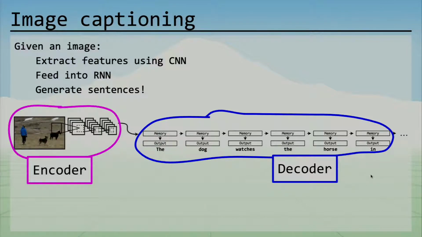So it's an interesting little side note in the history of computer vision that this idea came up very naturally once this kind of encoder-decoder architecture for recurrent language models existed. It was a very natural next step to take a convolutional neural network and use that as the encoder instead of using some text that you were encoding with an RNN. So a lot of people had this similar idea at the same time.